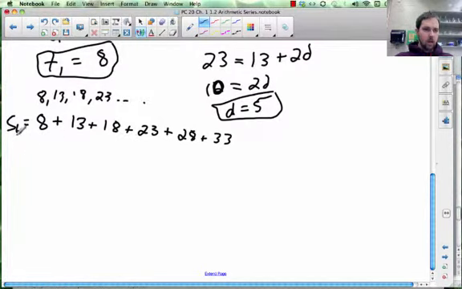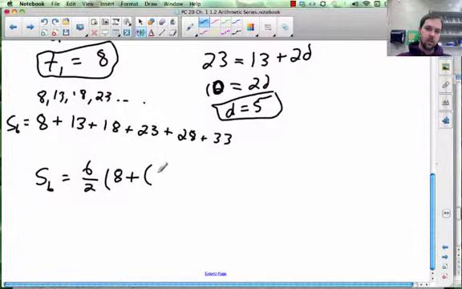Now we are asked to actually find the sum. So the sum of the first 6 terms, S sub 6, is equal to 6 over 2 times T1, which is 8, plus n minus 1, which is 6 minus 1, times d, the common difference, which is 5.